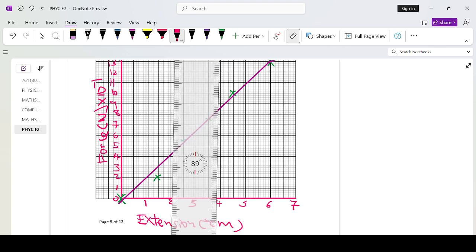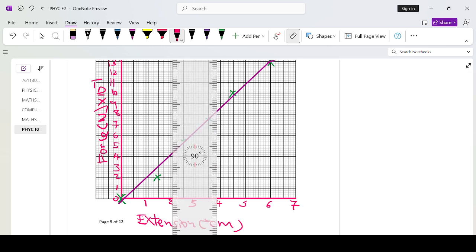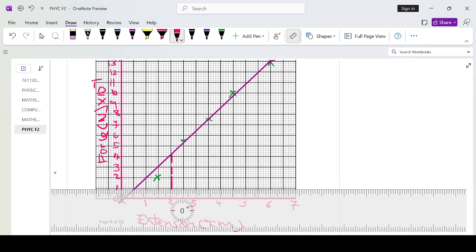You just pick any of your points, then you make sure you are showing. I'm picking any 2 points.